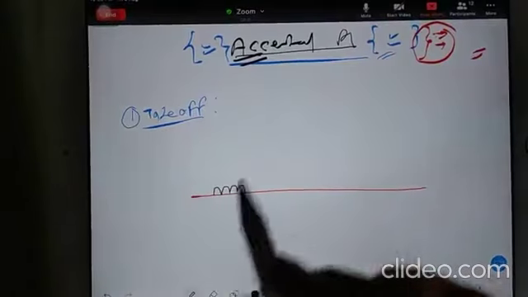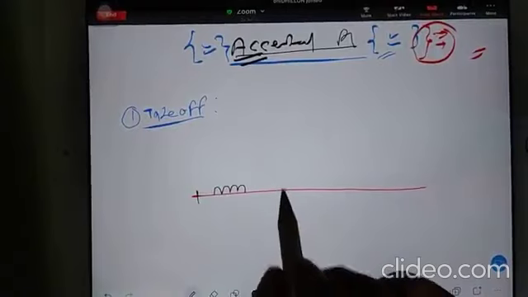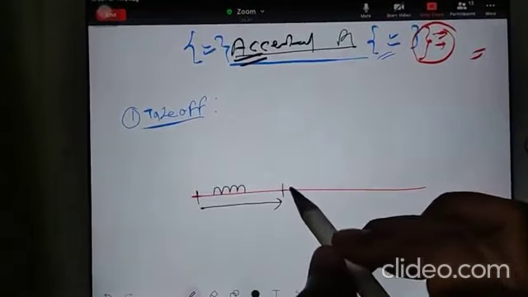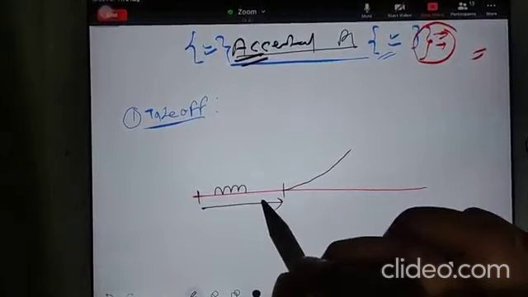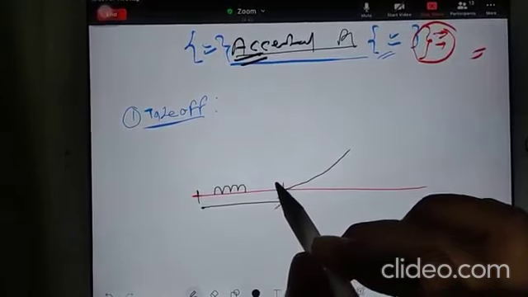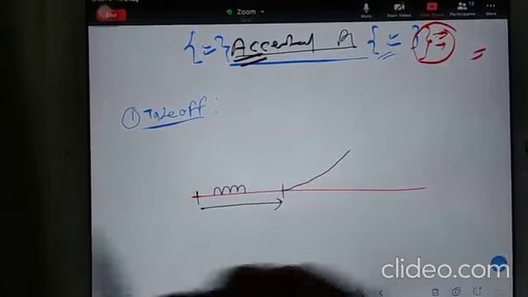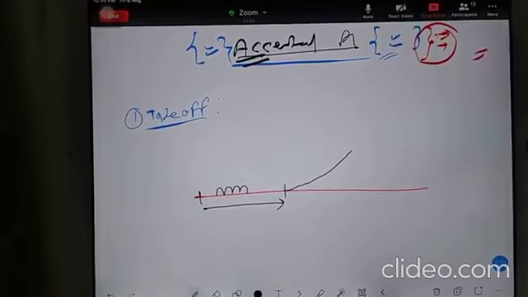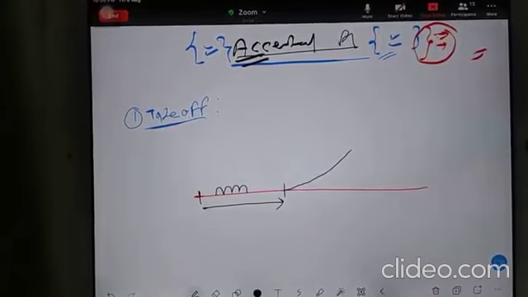Then you will cover a certain distance in ground roll, from here to here. And after that you will have air roll, or you can say air run also. When the pilot releases the brake, that time the ground roll will start. Ground roll means you are moving on the ground, like vehicles. And then you have air roll.